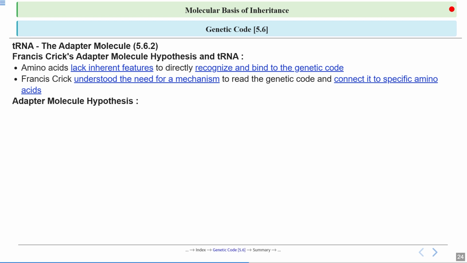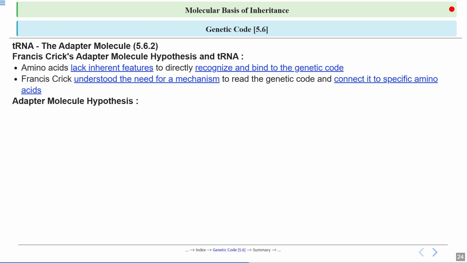Therefore, Francis Crick, the scientist, understood that there is a need for a mechanism which reads the genetic code and connects it to a specific amino acid. That particular mechanism reads the genetic code and then connects it to the specific amino acid.